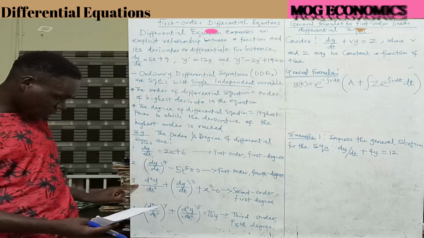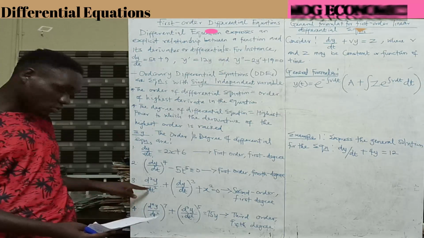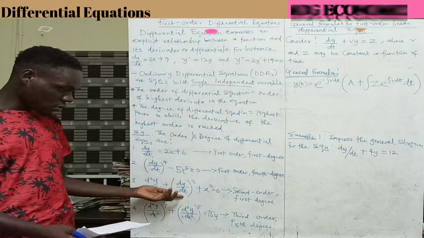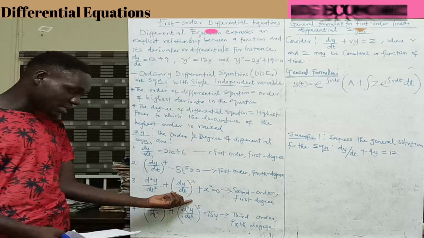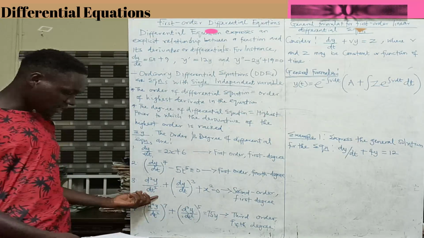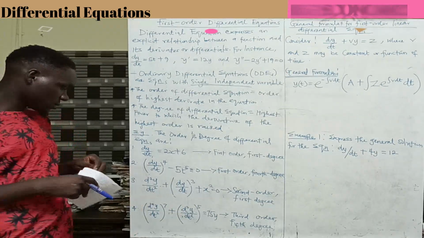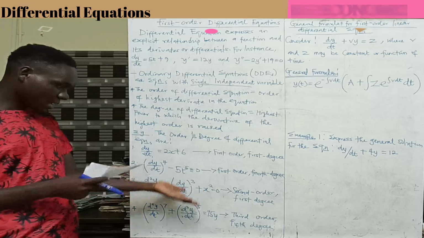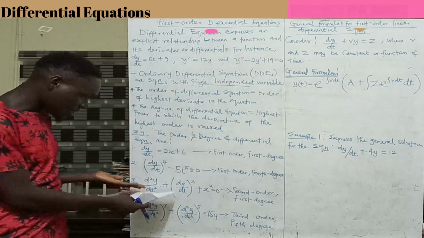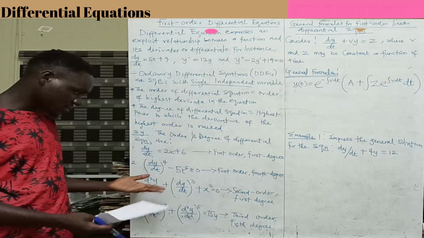Now, looking at this, this differential is the highest because it is of the second order. Now this is of the first order. So even though it is raised to the power of 3, we won't consider this, we are considering this because this differential is the highest we have in this equation. This is of the highest order here. We are considering this because it can be differentiated twice, and that's it.